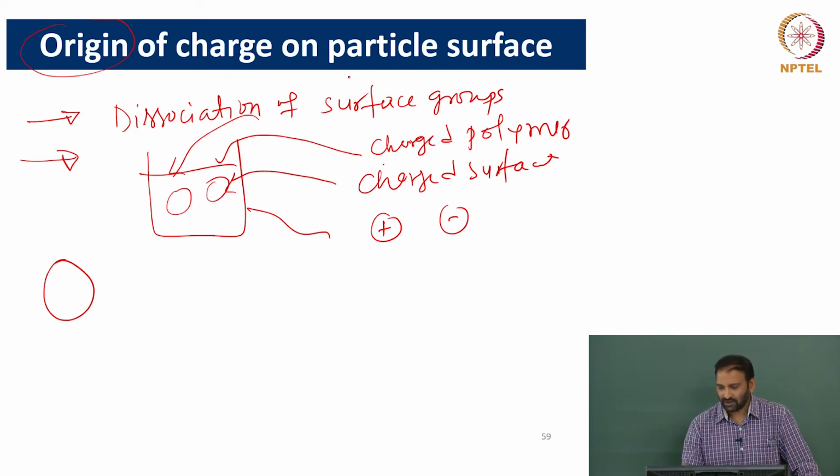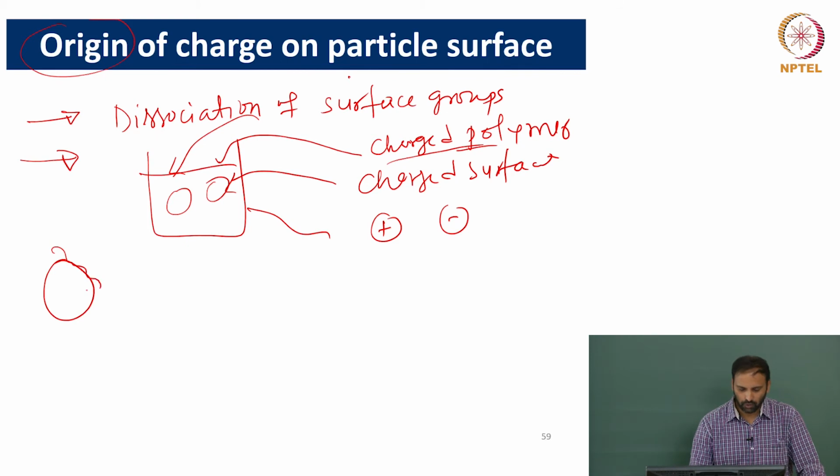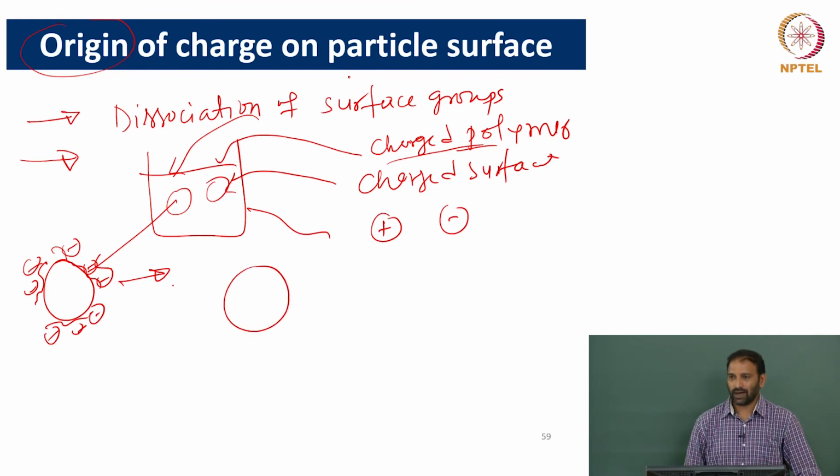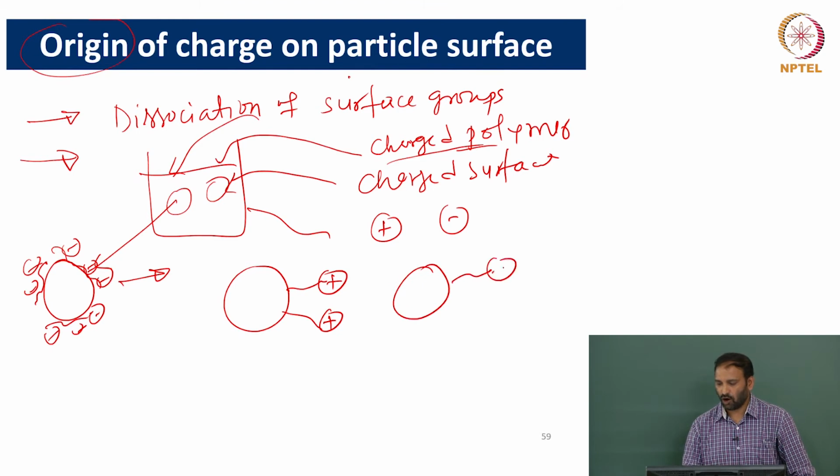If I have a charged polymer, I'm going to represent it something like this. It's a long chain molecule, but it may have some surface groups, right, because it's a charged thing, it has charges. Therefore, I can end up with a particle that has adsorbed macromolecules, adsorbed polyelectrolytes, which can give rise to charge on the particle. Similarly, I could have a case where I have a particle and the surfactant that I add can have charge groups, either positive or negative.